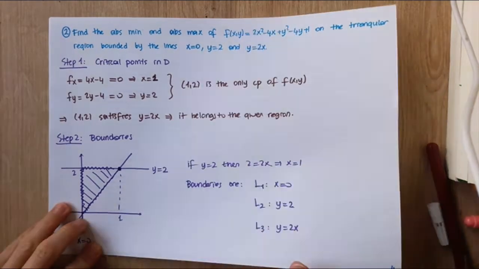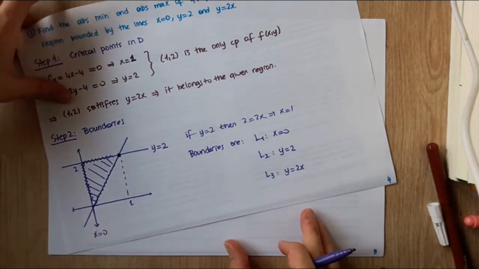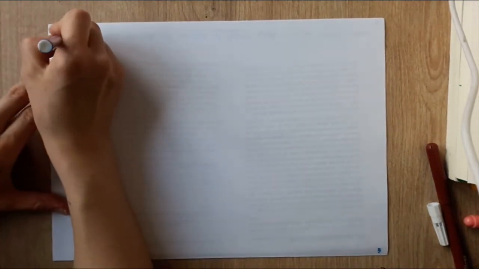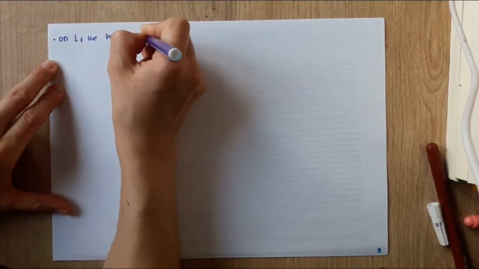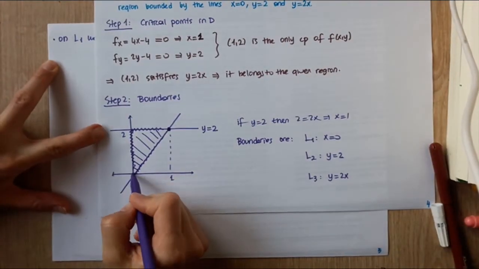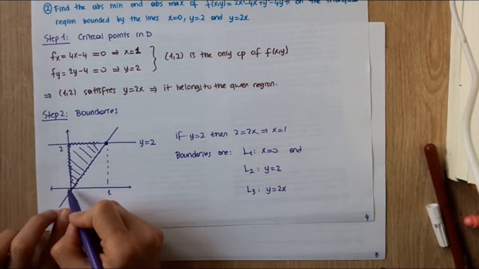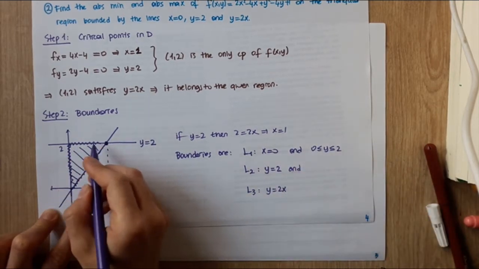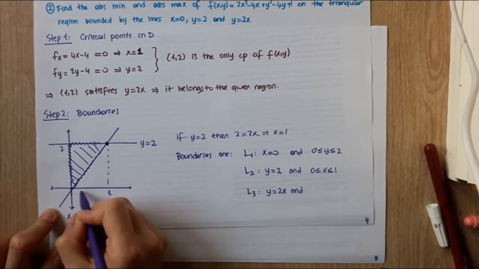Okay, so now let's continue with the analysis of those boundaries. First of all, on L1, we have x is 0, and as I said at the beginning, y changes between 0 and 2.